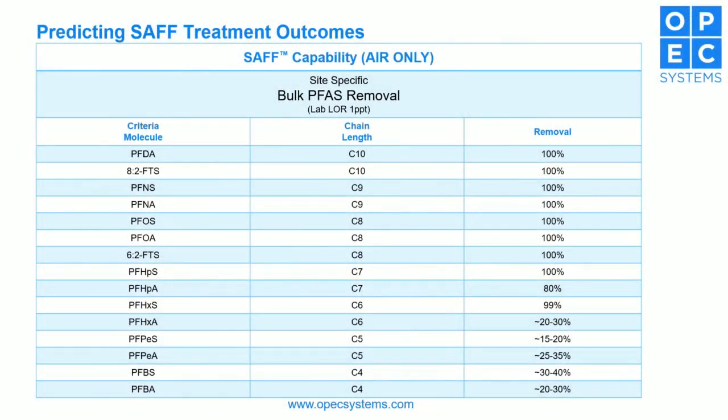There is one more slide that shows our predictability removal rates. As I mentioned before, we're collecting lots of data that's feeding into our data handling system. So for 12 months on from Okey, we're pretty certain that we are locking in 100% removal rates down to that 1 ppt LOR for the long chains.